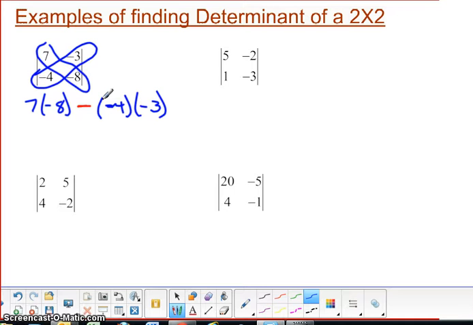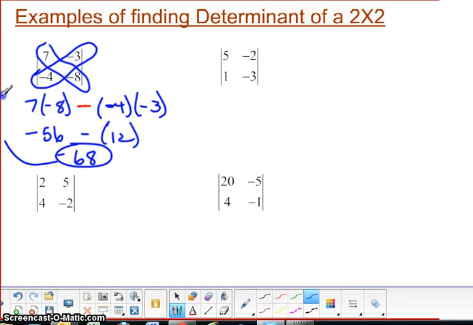Make sure you are not forgetting that. That's the biggest mistake I think I've seen when determinants are being done. Okay, and then finally, let's go ahead and do order of operations, which is to multiply and multiply, so you get 12. And then when you subtract those, you end up with negative 68. So that would be the determinant of that original 2 by 2 matrix.